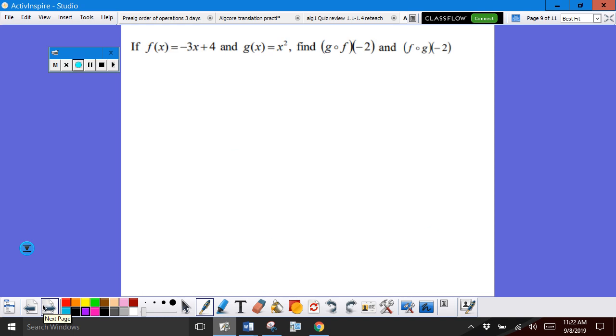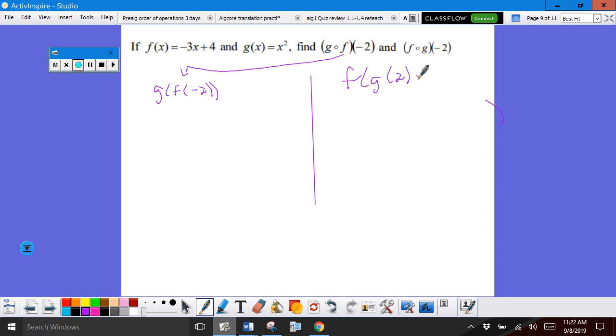Let's look at another one. This time let's use -2. Same type of problem. I have g of f of -2, which means I'm going to be doing the f first. And then I also have f of g of -2, which means I do the g first. Remember, it's inside out.